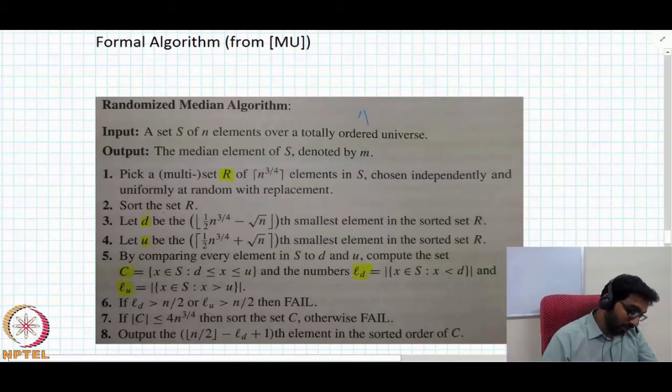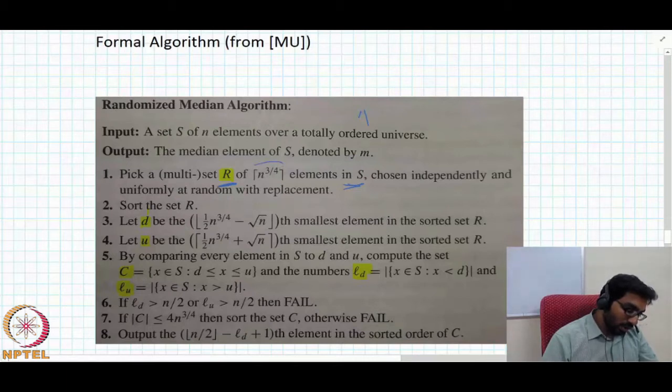First, we need to figure out how to compute D and U. And how do we do that? We achieve that by sampling. So we have to pick a set R, where each element in this R is chosen uniformly at random and independent of each other from the set S. And how many such elements do we choose?